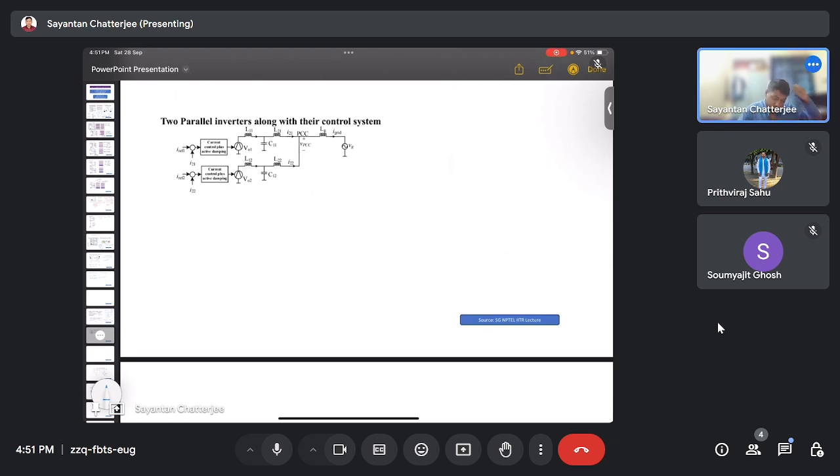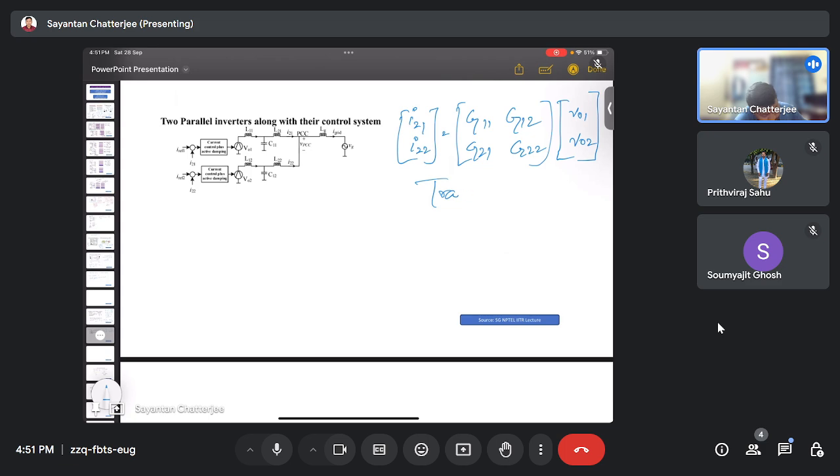Now we have two parallel inverters. Okay. So I21, I22, G11, relay transfer matrix. In this way, we can find out the current flowing through the inverters.